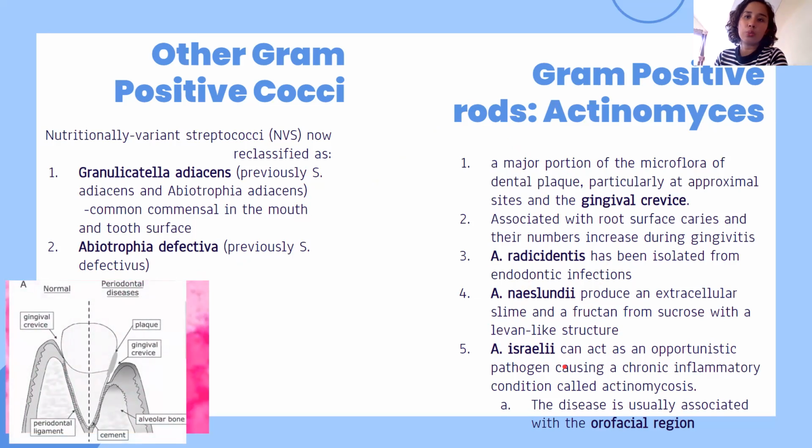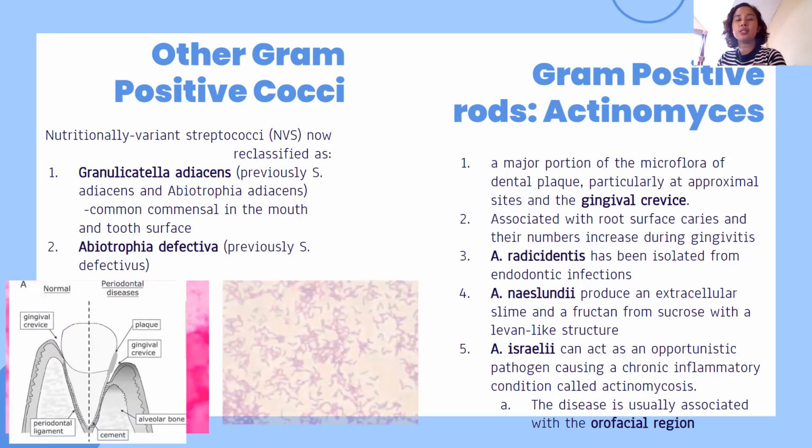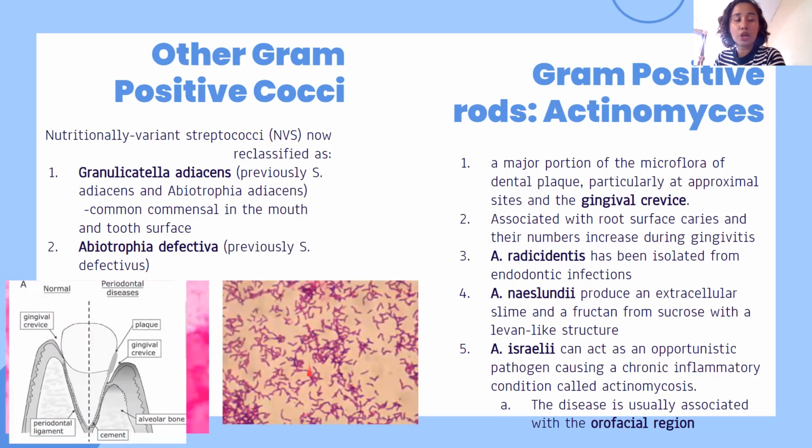I want you to Google what an opportunistic pathogen is. It causes a chronic inflammatory condition. So guys, go over this. Then Actinomyces, these are gram-positive rods, found in the gingival crevices.